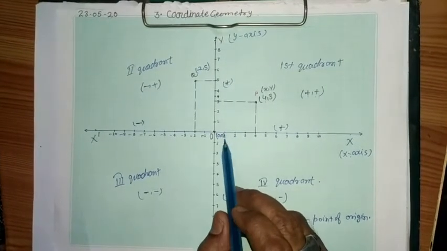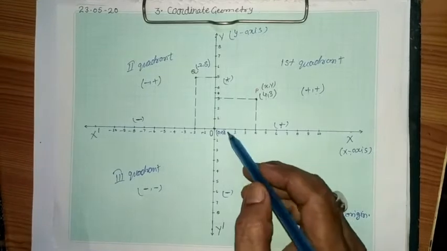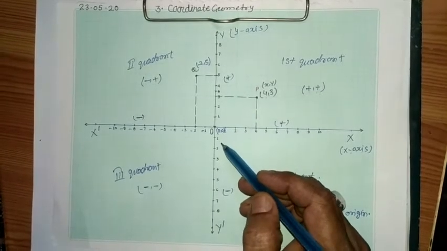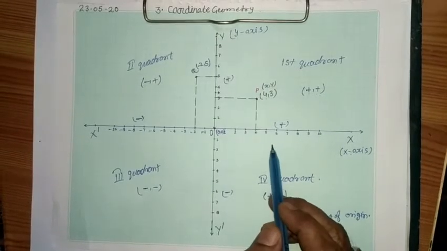Similarly, we can show other points on these quadrants according to their signs.